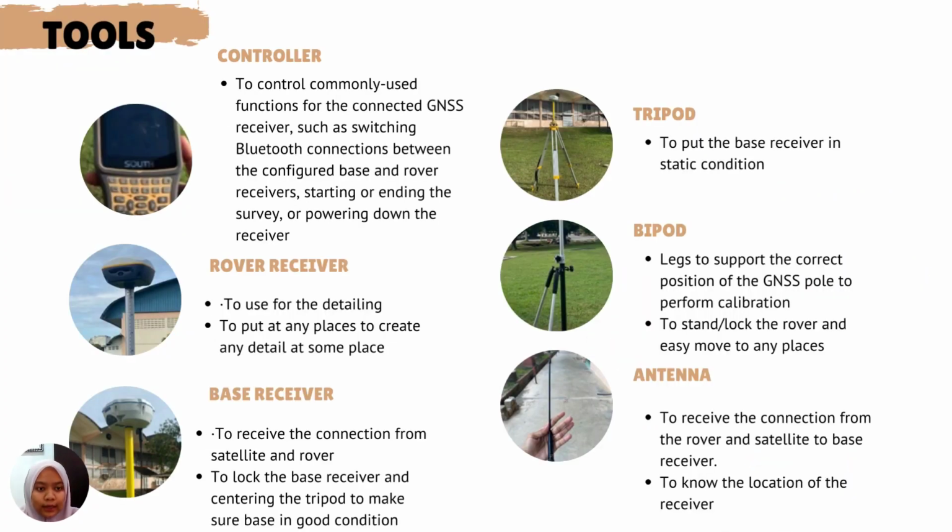Next is the equipment used in this practical. First is the controller. The function of the controller is to control commonly used functions for the connected GNSS receiver, such as switching Bluetooth connection between the configured base and rover receiver, starting or ending the survey, or powering down the receiver.